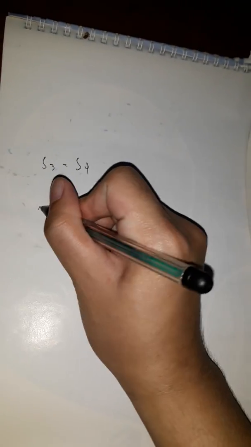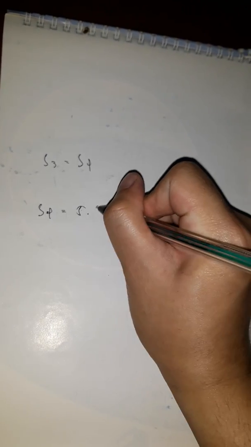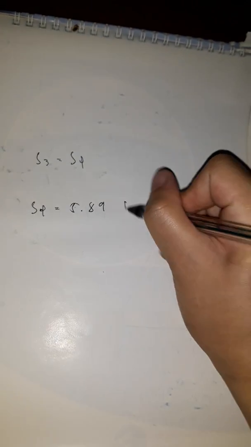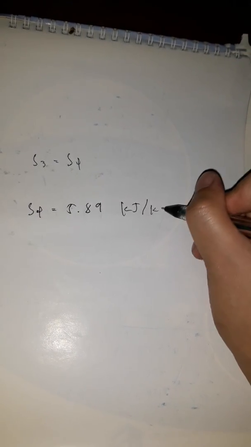On the steam table, we can find the entropy of the wet steam, which is equal to S3, S4, which is 5.89 kilojoule per kilogram Kelvin.